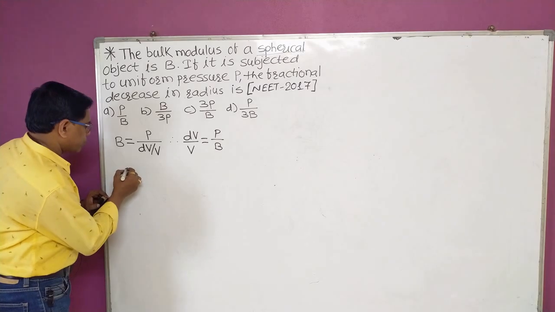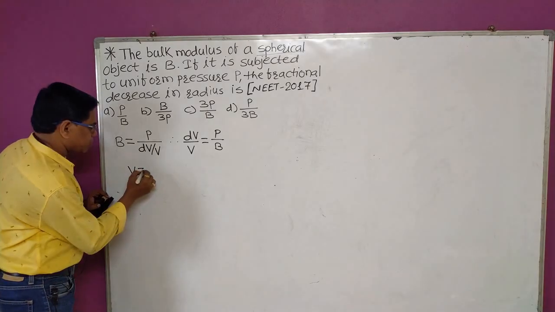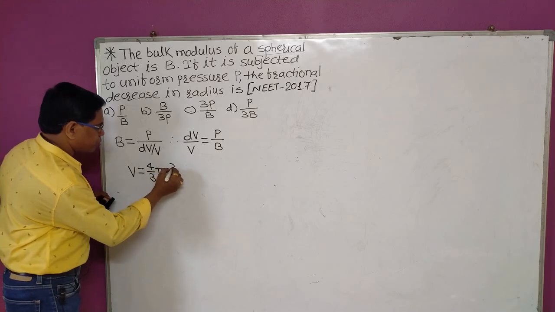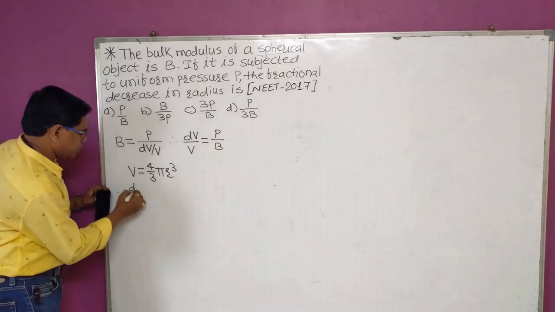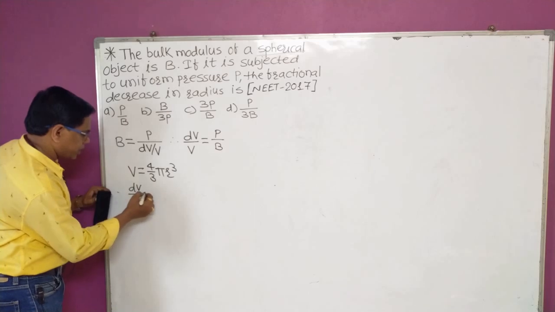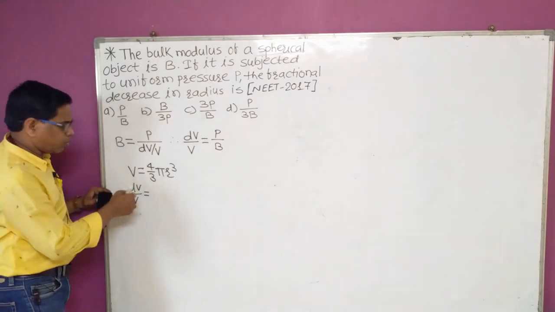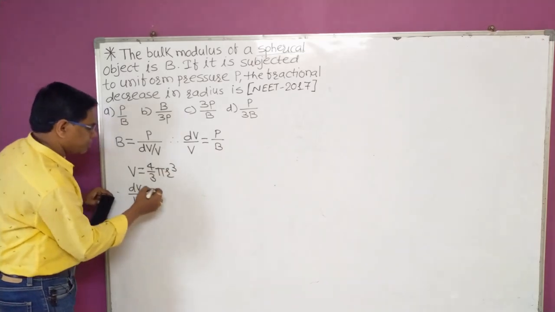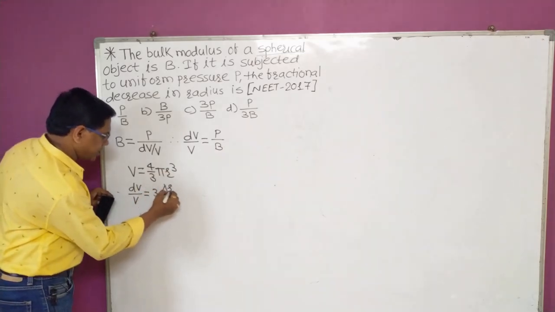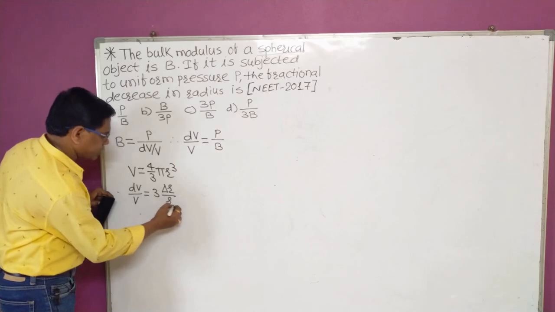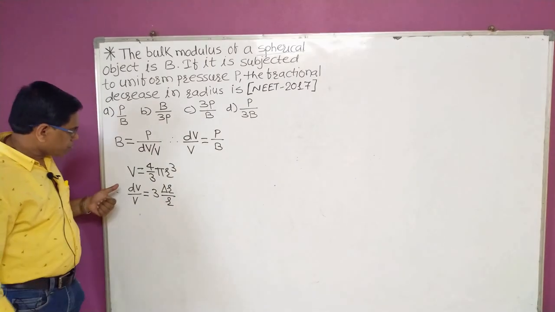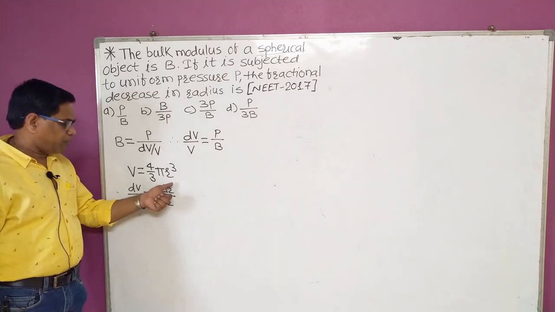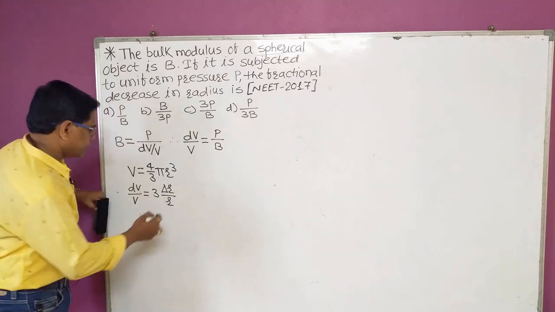We all know the volume of a sphere is 4 by 3 pi r cube. That's why the change in volume upon volume, that is the fractional decrease in volume, is equal to 3 into change in radius upon original radius. That is, the fractional change in volume is equal to 3 times the fractional change in radius.